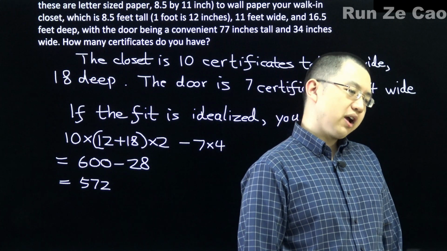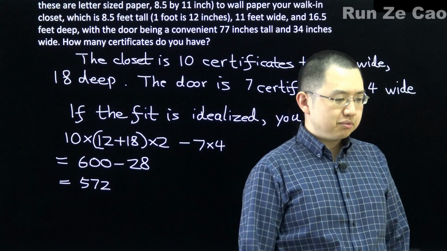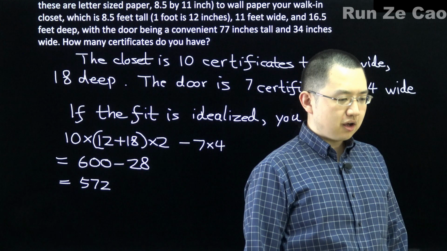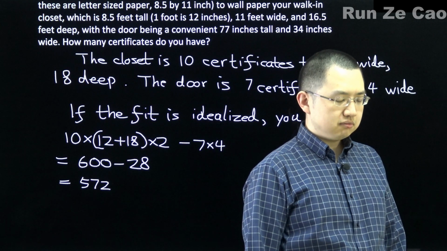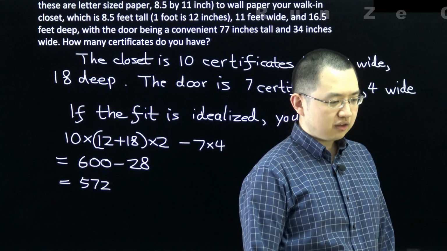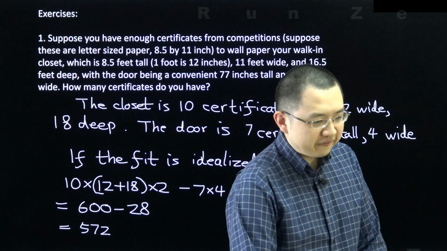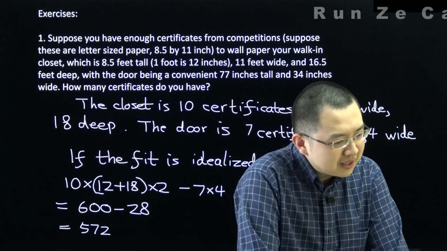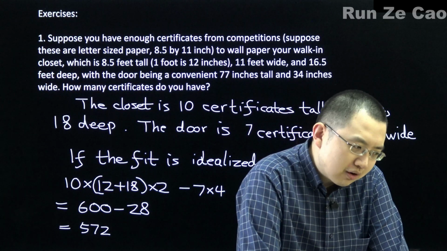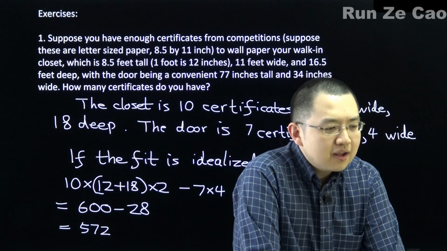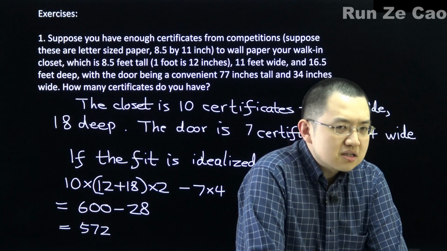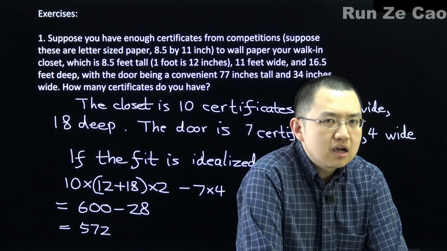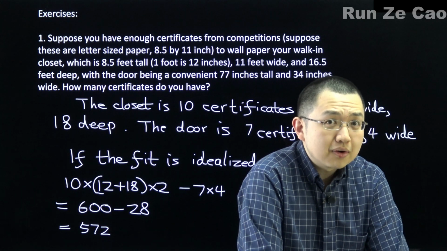If you use the correct portrait frames, I could probably paper a smaller closet with certificates, but like 11 feet wide is a bit over 3 meters, and 16.5 feet deep is pretty deep.